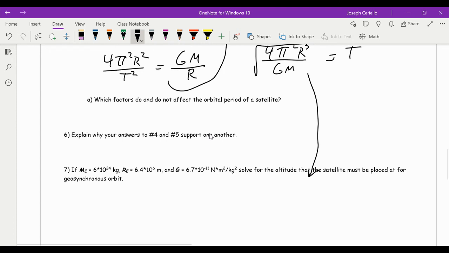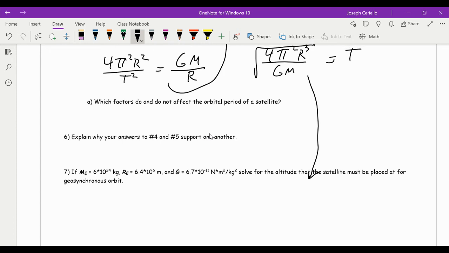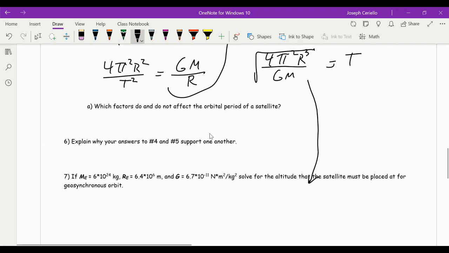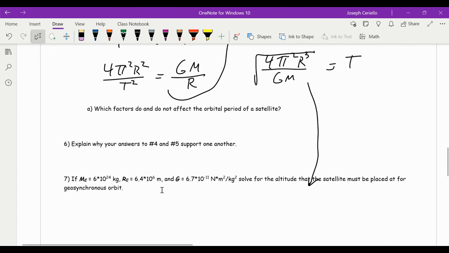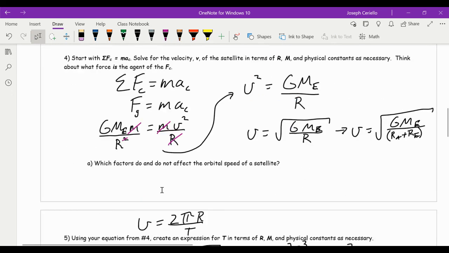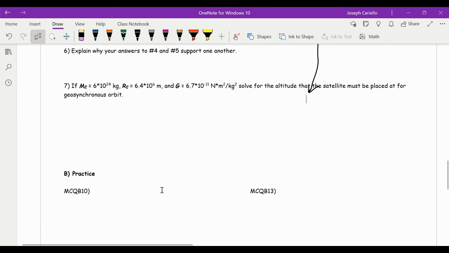You know T from the front page. Okay, so T you have. I gave you G, I gave you M. R, be careful. This is the total R. You need to find RA. So after you find the total R value, subtract off the radius of the Earth, and you will have your altitude's radius. So be very careful there.